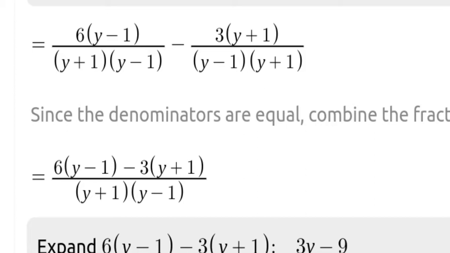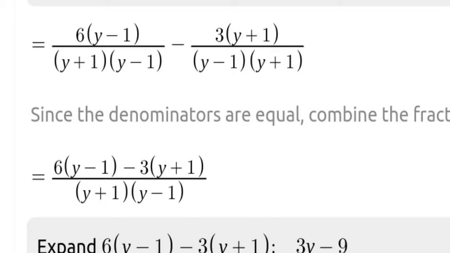Stick with me. Your job now is to expand 6 bracket y minus 1. First person to raise your hand. So repeat. Expand the bracket 6 bracket y minus 1. What would you get? I hear George.